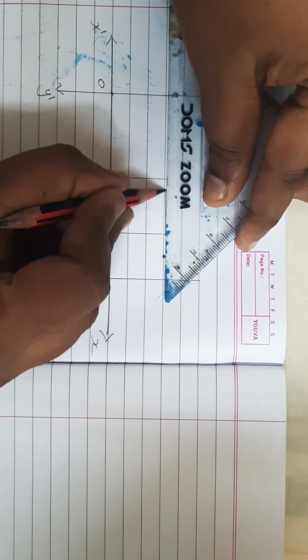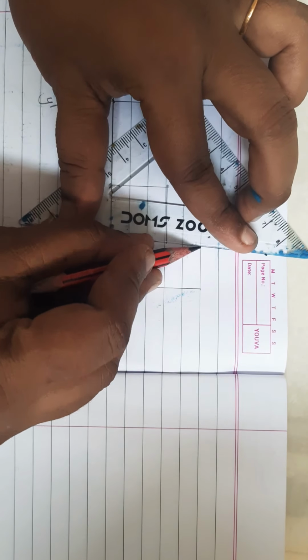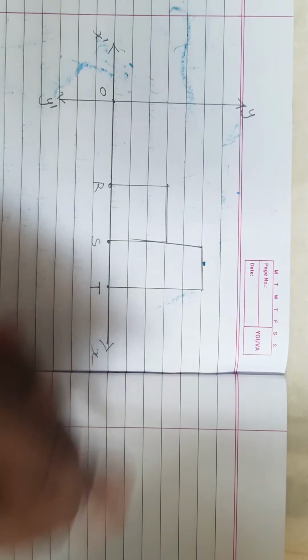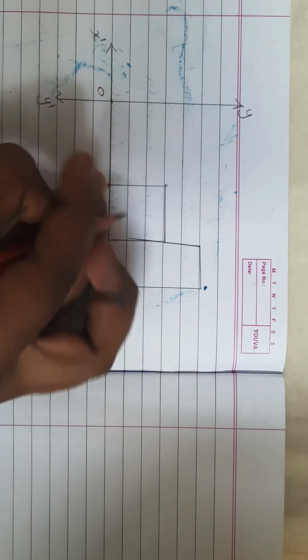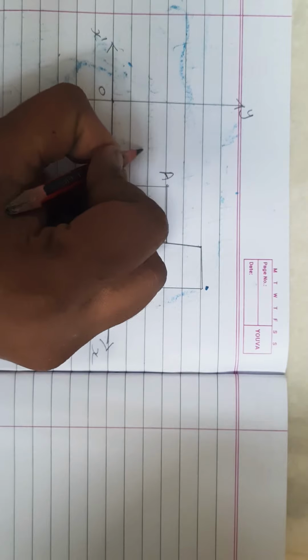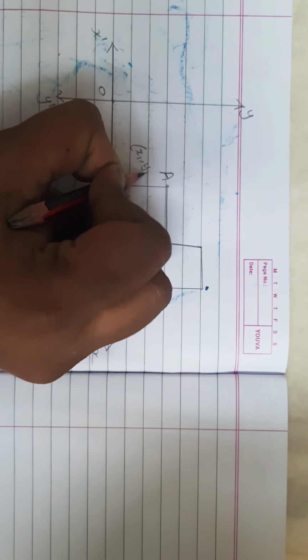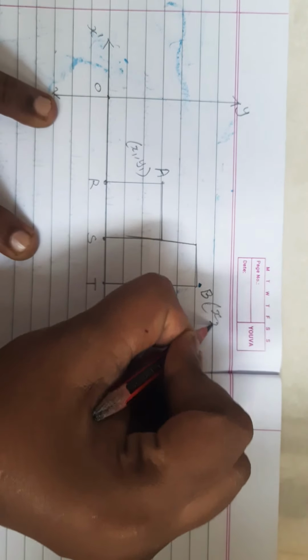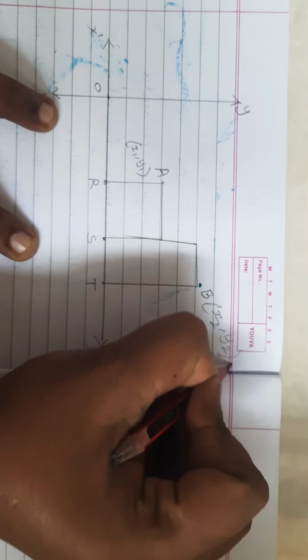This is the RS line. This is the point A, x1 comma y1. This is the point B, x2 comma y2.